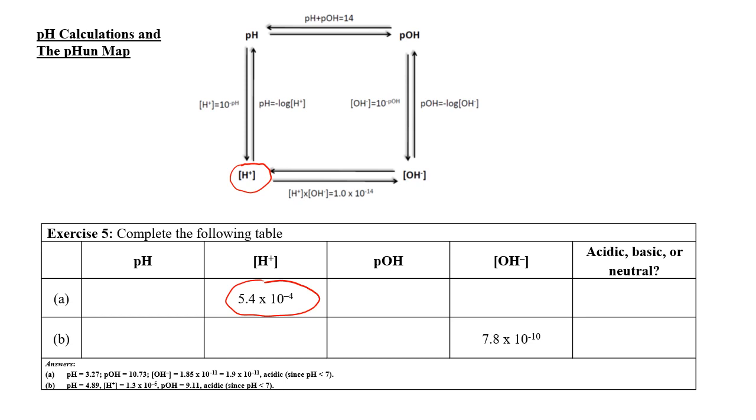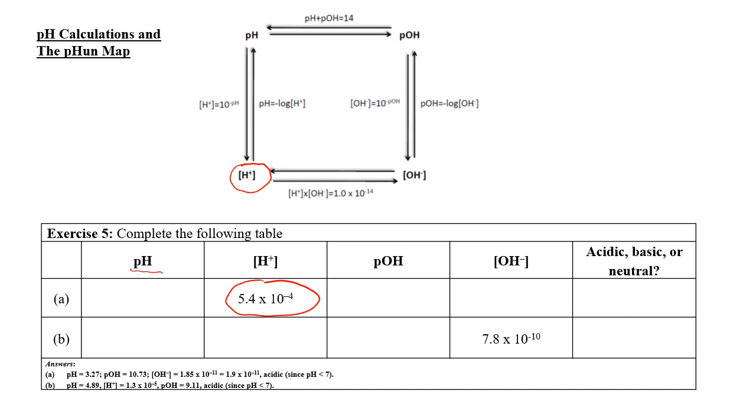What's the easiest thing to calculate? We could either calculate the OH minus first, or we could go right to calculate the pH. It would seem silly to try to calculate the pOH at this point because we're going to need the pH or the OH minus to do that. So let's say, given the H plus, we want to first calculate the pH.